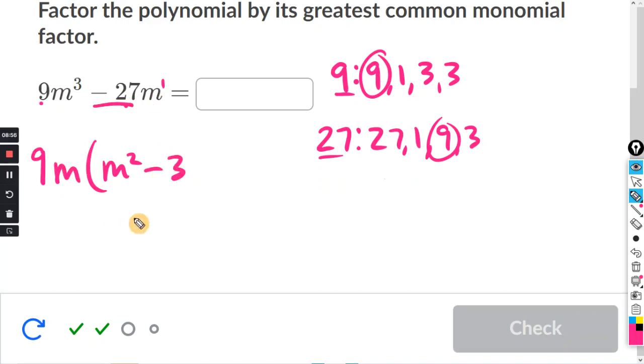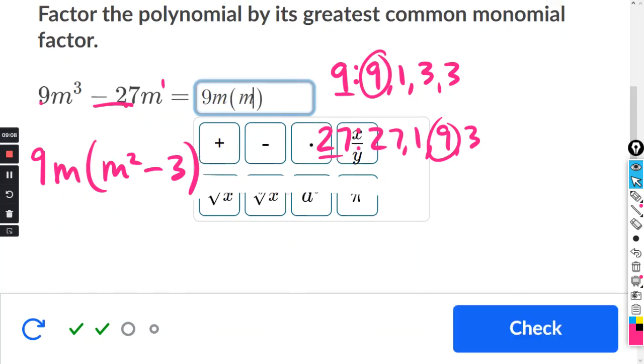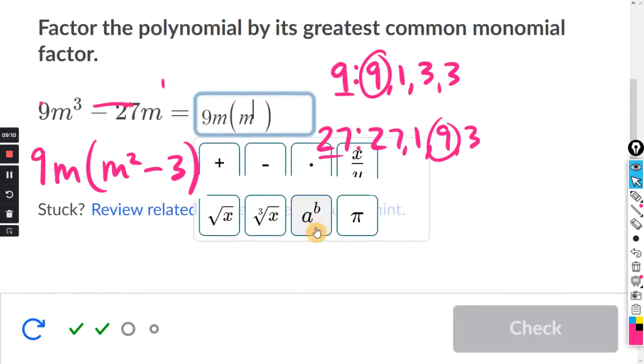M divided by m is just 1. So that's it. So type 9m, parentheses, and then type m, and you want the one with the exponent, squared. Click right arrow key, minus 3, and it closes the parentheses for you.